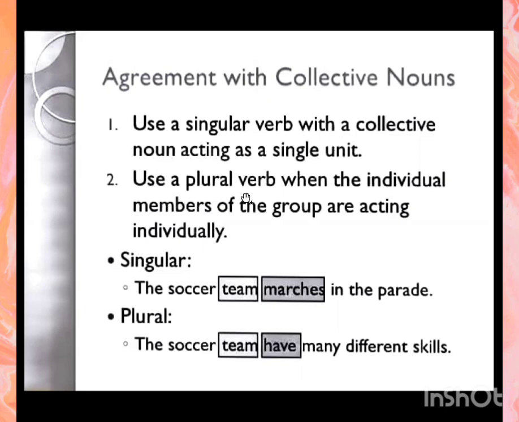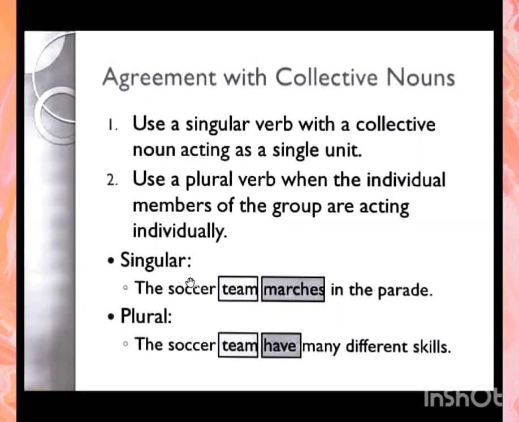Use a plural verb when the individual members of the group are acting individually.